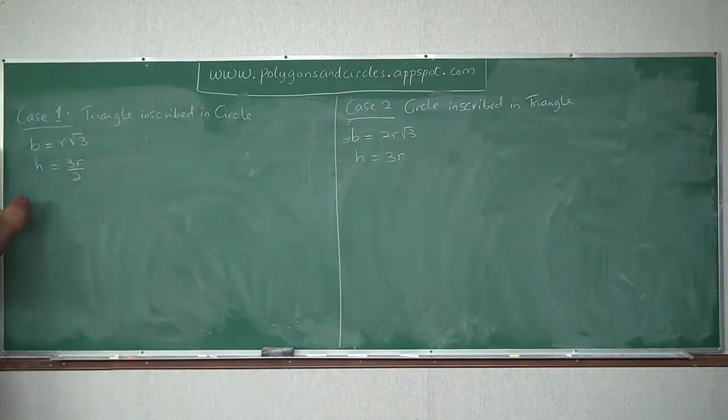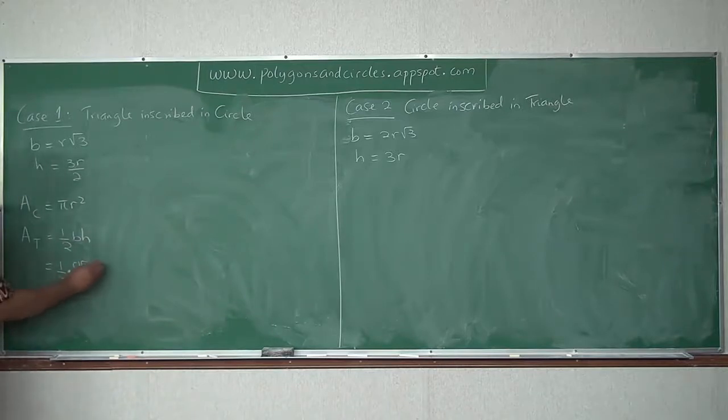So the area of the circle AC, of course, is pi R squared. Area of the triangle is half base times height. Half, base is R root 3 times height is 3R over 2.